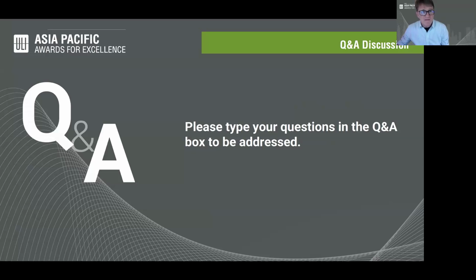Right, so the first one I have here says, for large-scale projects, is it expected for the entire project to be complete, or if the first phase is completed, can it be submitted? Okay, the answer is yes. It can be submitted. This is an issue that is laid out in the guidelines, so I'd recommend you read what it says in the guidelines about that.